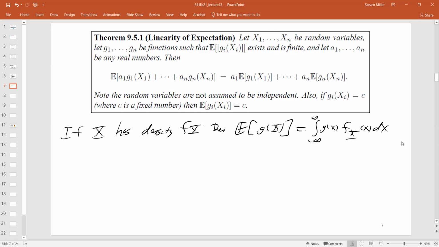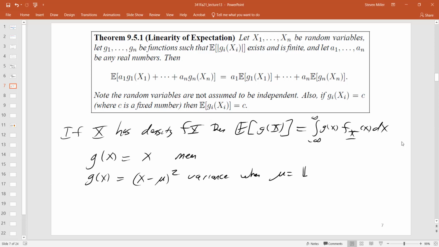So very useful choices are: g of x equals x gives you the mean. g of x equals (x minus mu) squared is the variance, when mu equals the expected value of X.